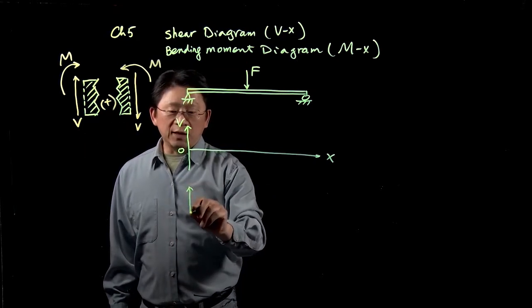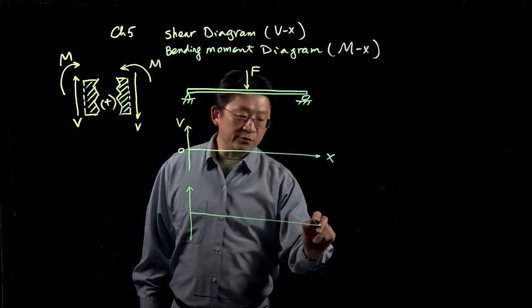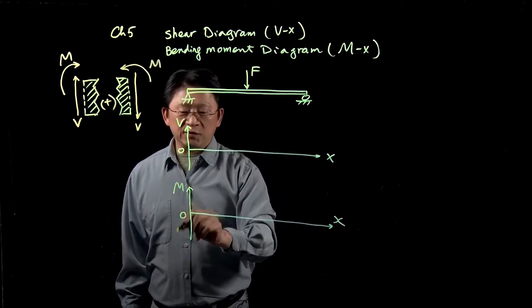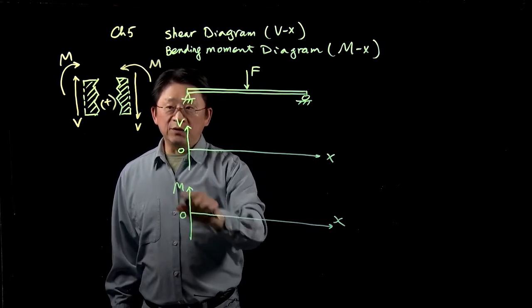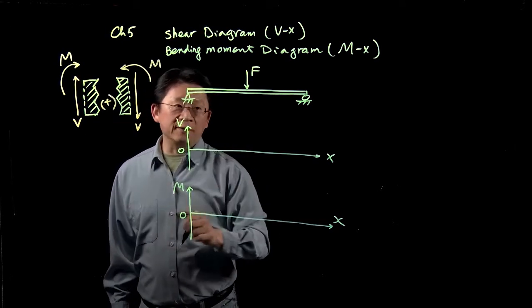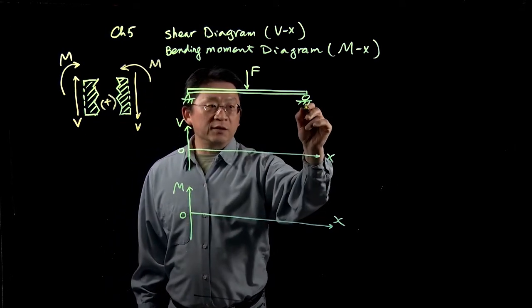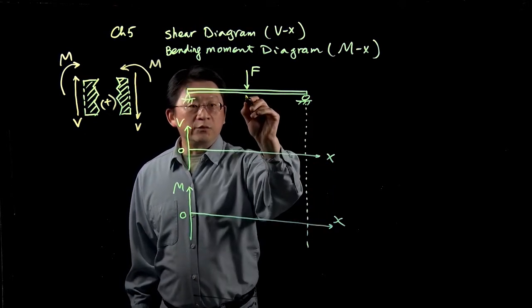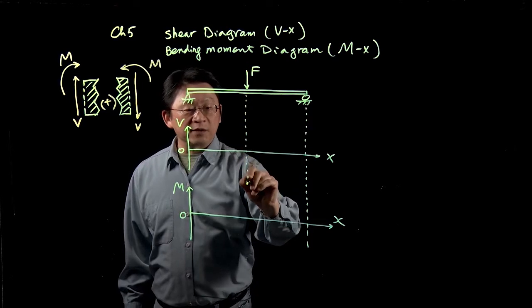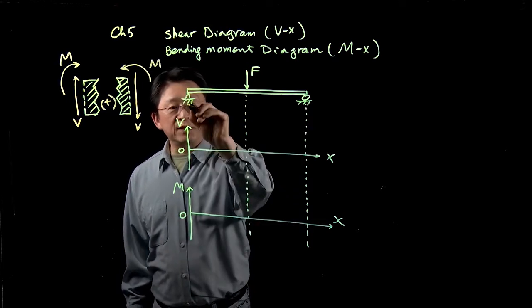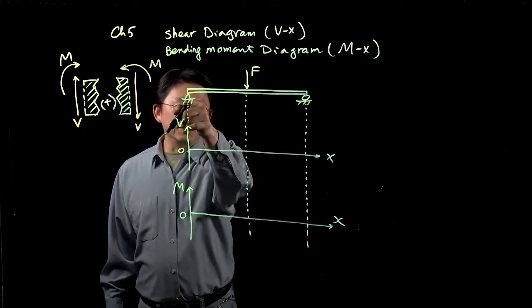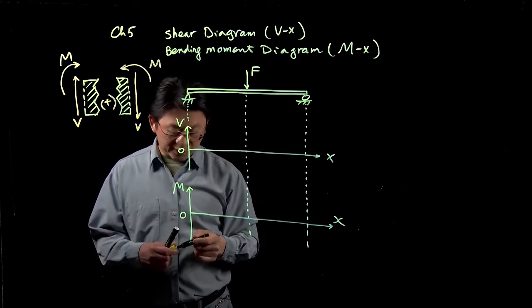Then we draw the corresponding bending moment diagram, M, with 0 here, and again the sign depends on the sign convention. To make this drawing, let me mark the domain of the problem, aligned from 0 at the left-hand side and extending to the right.